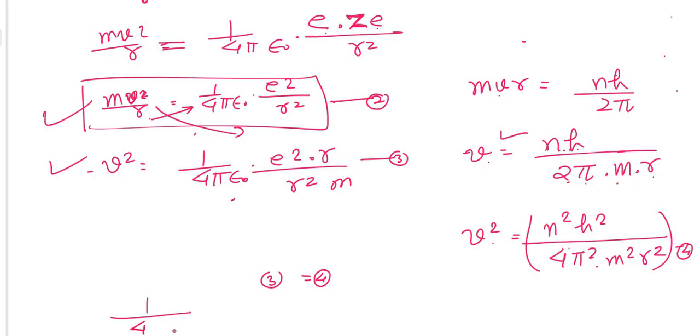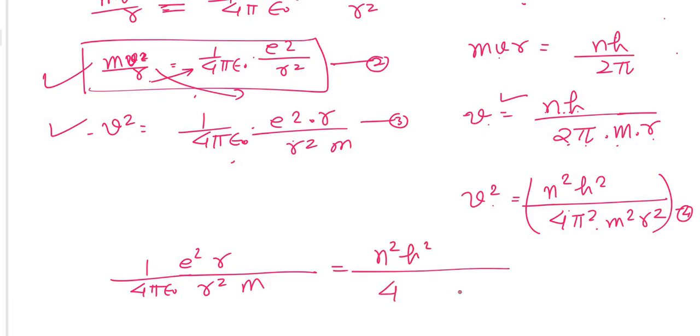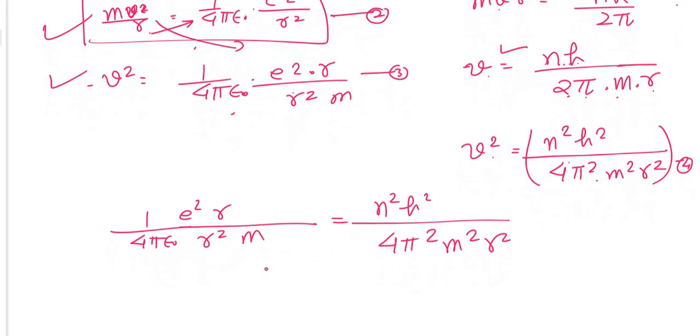So this will be 1 upon 4 pi epsilon naught into e square r by r square m is equal to n square h square by 4 pi square m square r square.